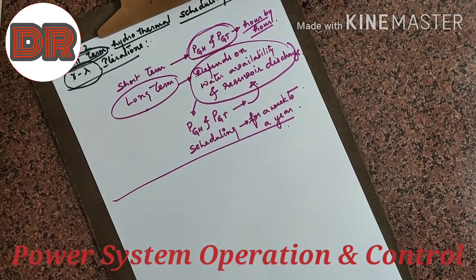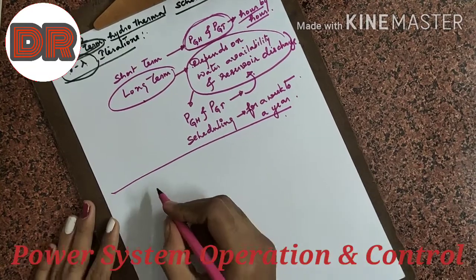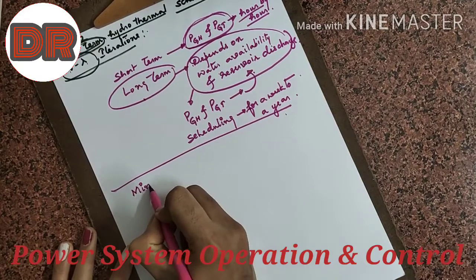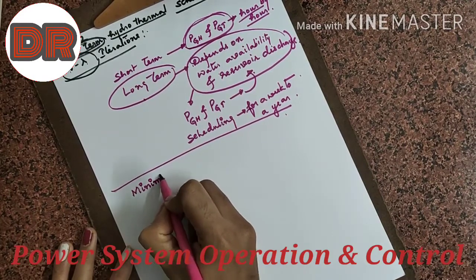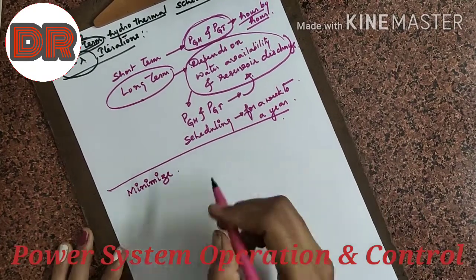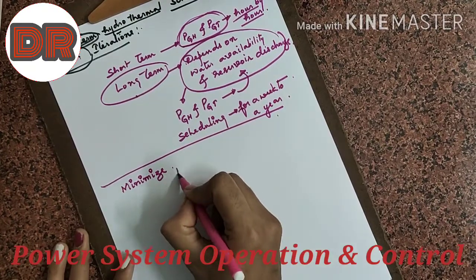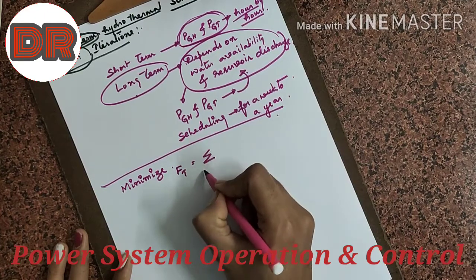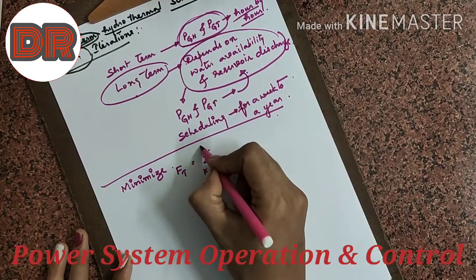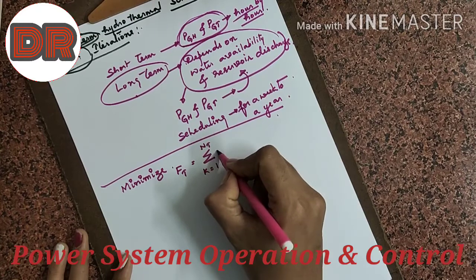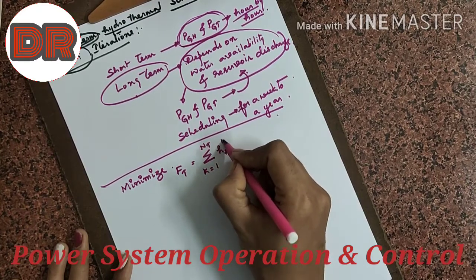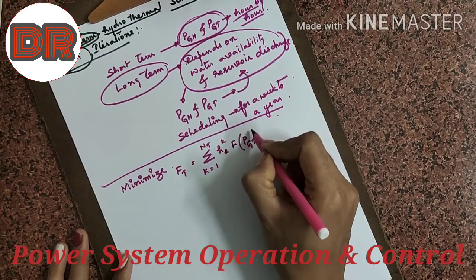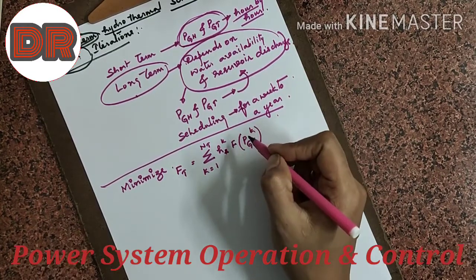The problem statement can be given as: what is the objective function here? It is minimize. What we have to minimize is the total cost. So total cost Ft can be written as summation k is equal to 1 to Nt Hk f of Pgt k. This is the same as the previous one.